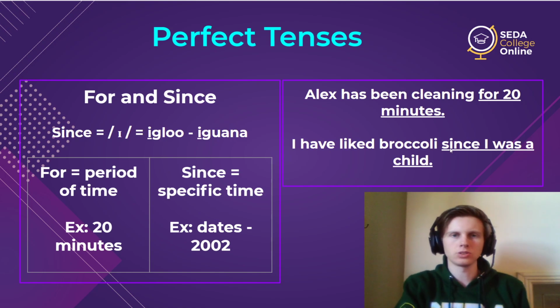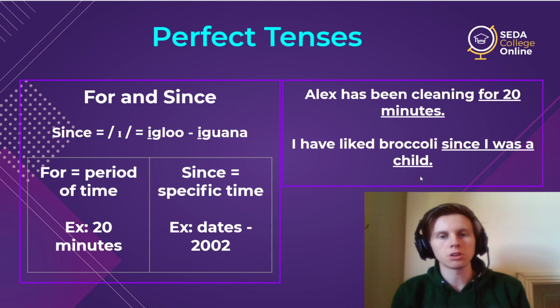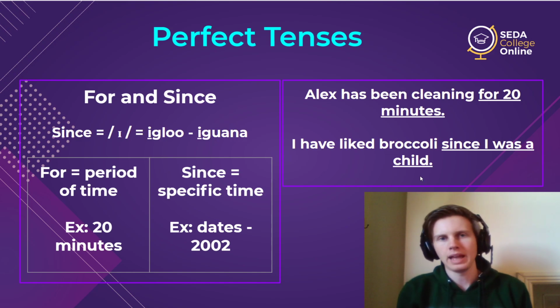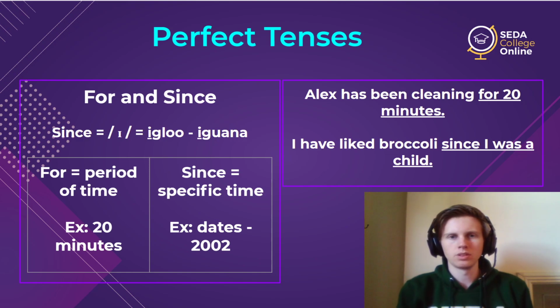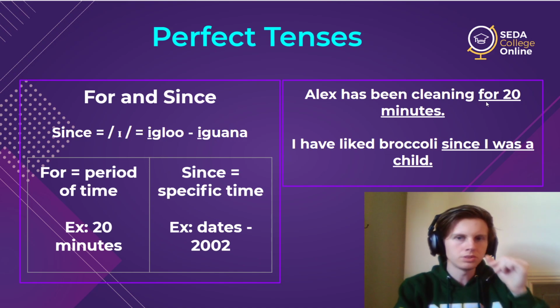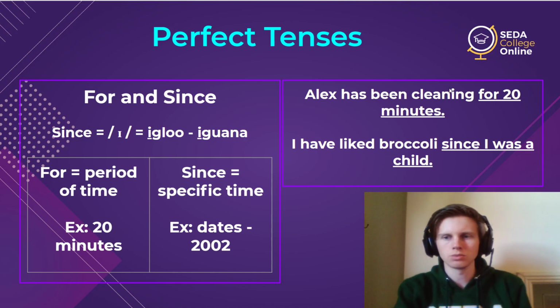Since is special because you can make a whole clause here, and you can expand to talk about a specific point in the past using a whole dependent clause. That's one of the differences between these two, that we won't use a clause in this context with for.